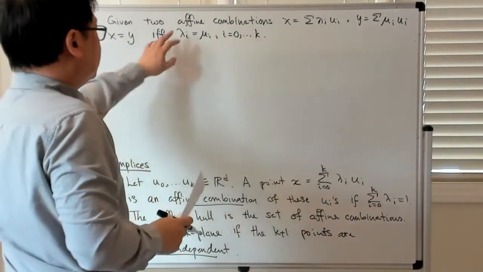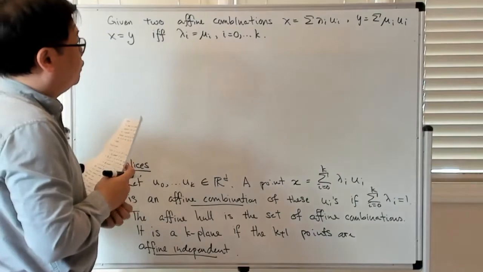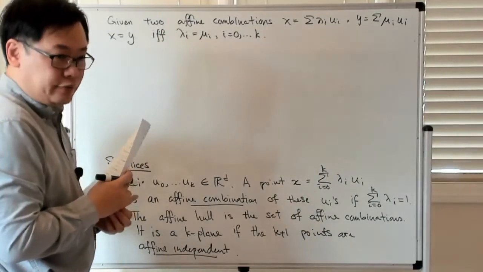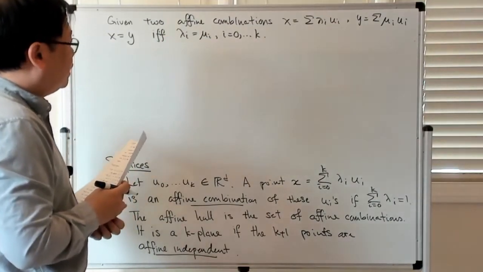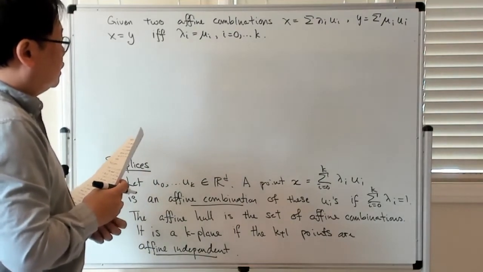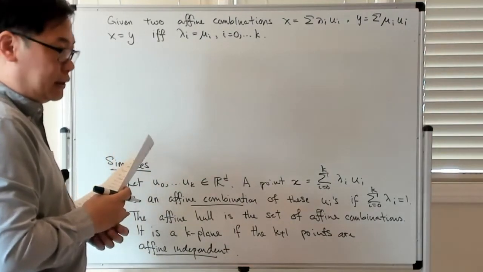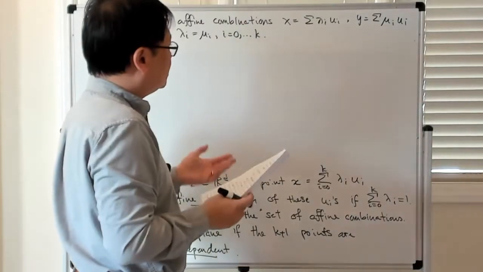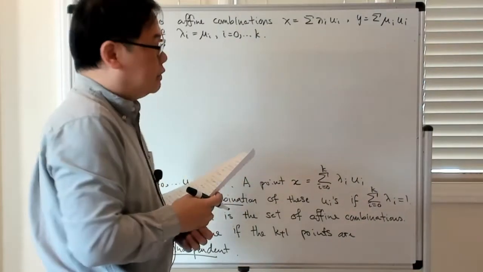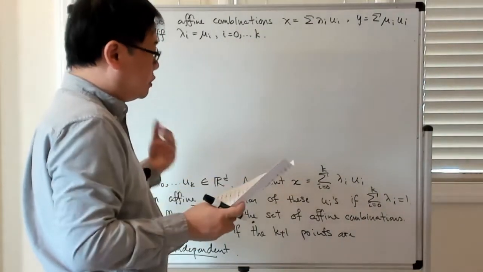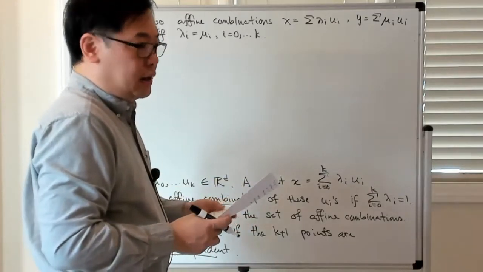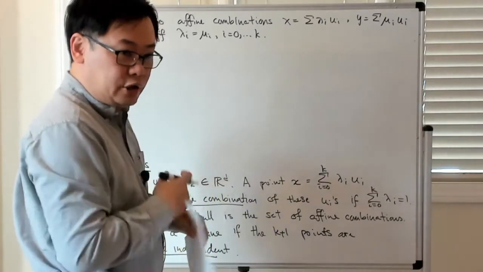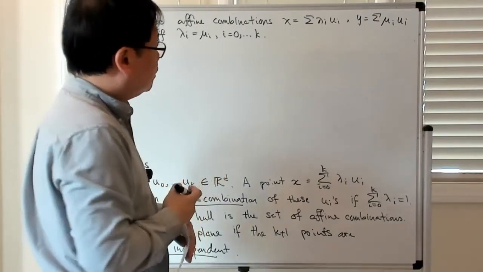Okay, so this is of course compatible with what we think of when we think about the notion of linear independence. You might remember that when we discuss linear independence, it's sometimes possible to express it as the question of whether or not it is possible to construct a non-trivial linear combination of the vectors such that it adds up to 0.